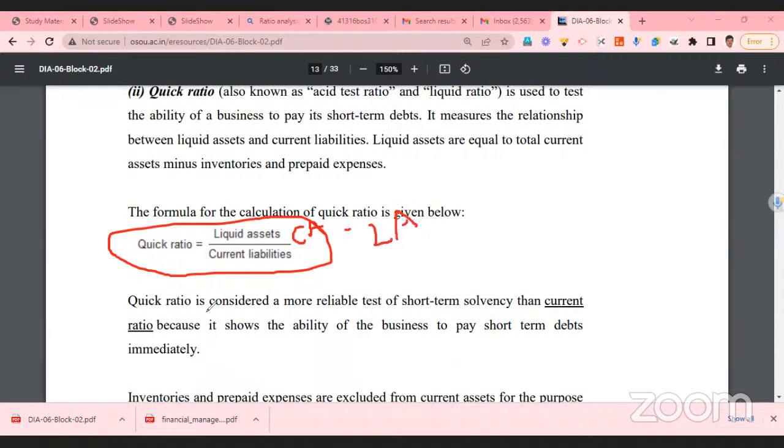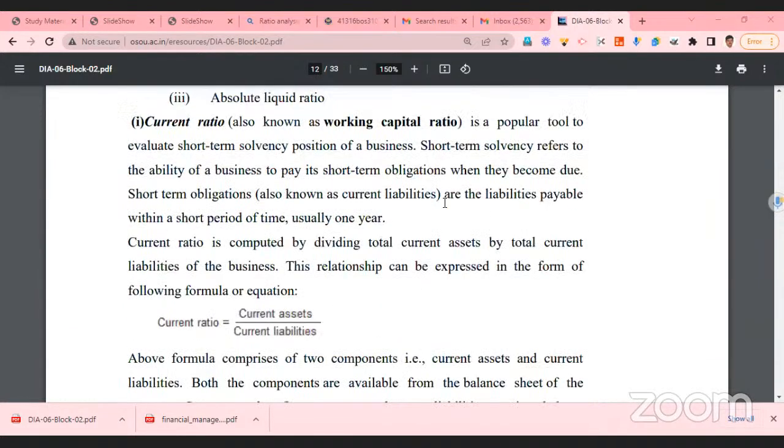The quick ratio is considered a more reliable test of short-term solvency than the current ratio. Here some standards are given. For the current ratio, the desirable level is 2:1.